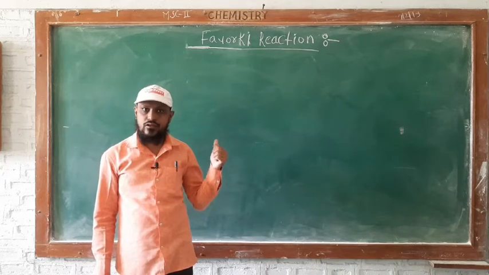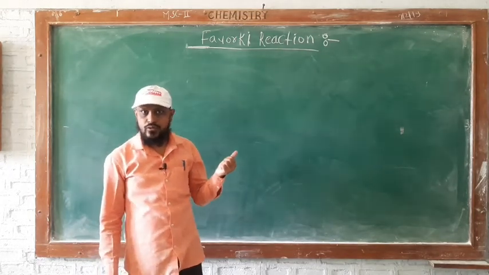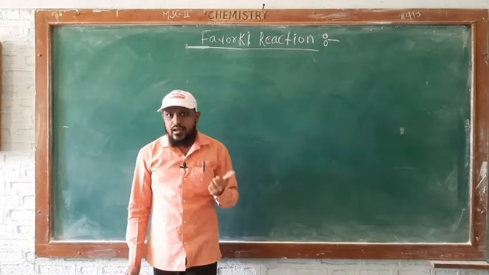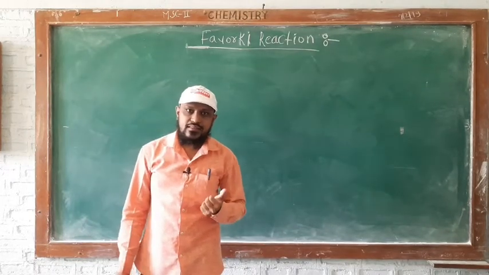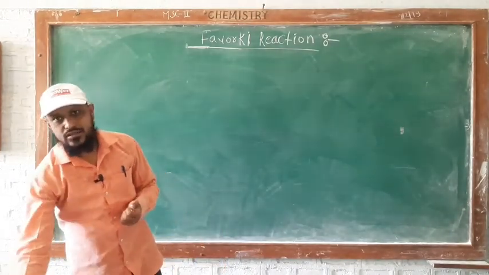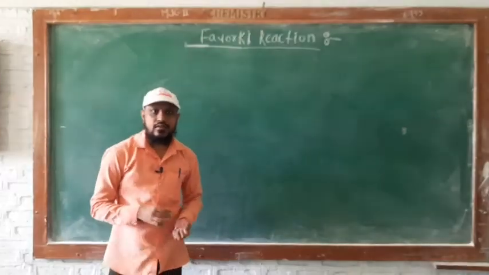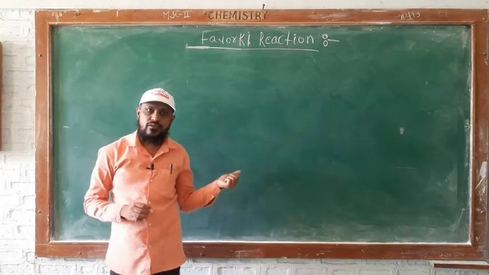When we use hydroxide as a reagent, we get an acid as a product, and when we use an amide ion as a reagent, we get an amide as a product. Today I am going to explain the use of different types of leaving group in the Favorskii reaction.